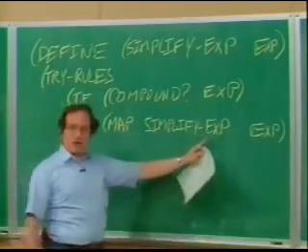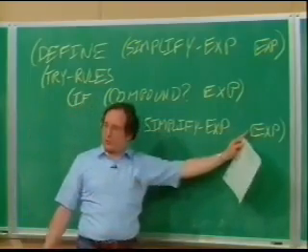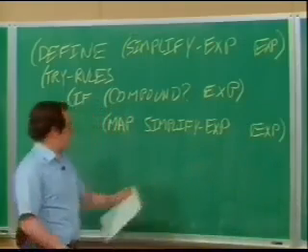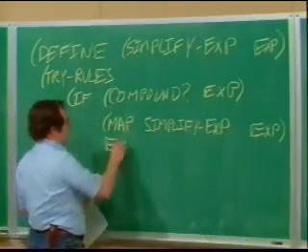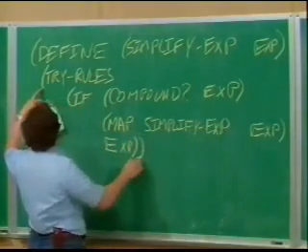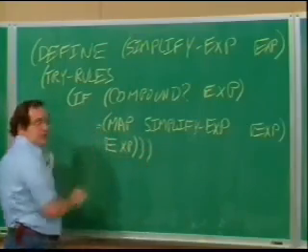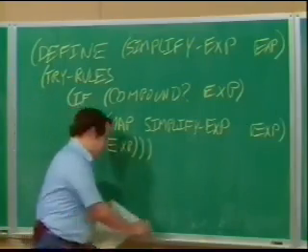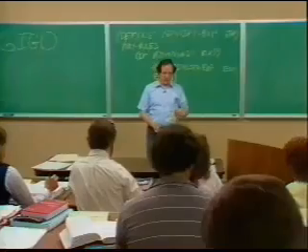Every element of the list which the expression is assumed to be made out of, and otherwise I have the expression. So I don't need the helper procedure, simplify parts, because that's really this. So sometimes you just write it this way. It doesn't matter very much.